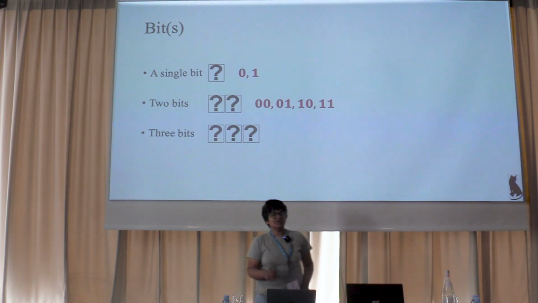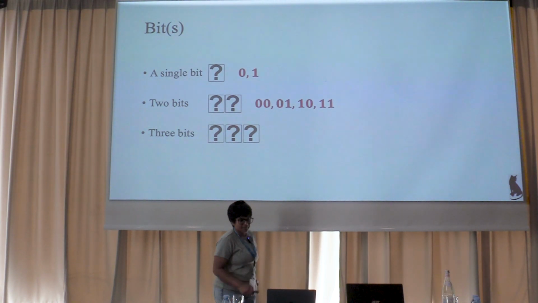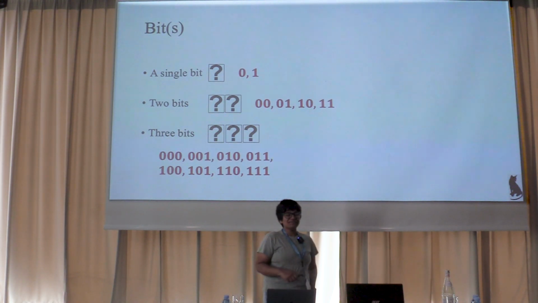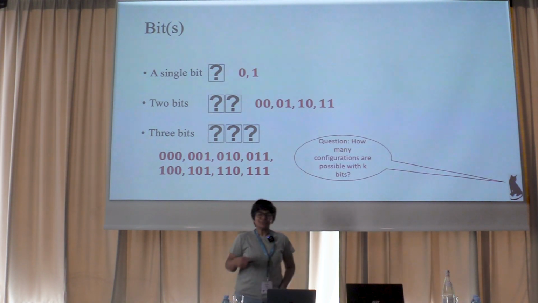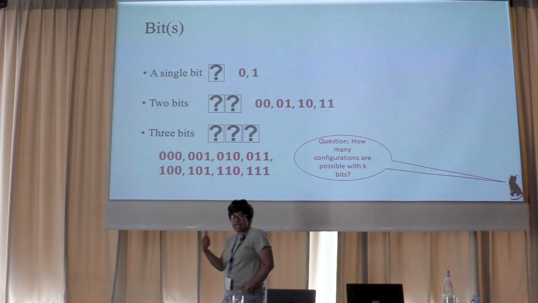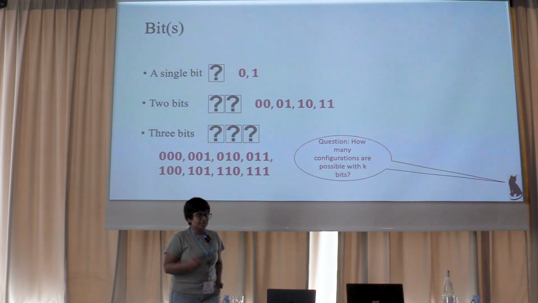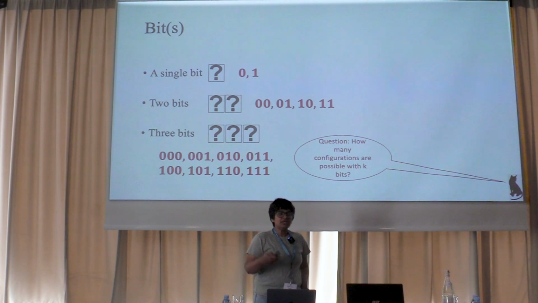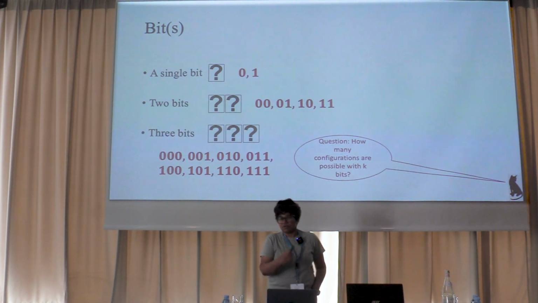It's 00, 01, 10, and 11. What about 3 bits? 8, okay. And what about k bits? 2 to the power k, right? If I have a classical k-bit register, then I can store any of these 2^k values in my register, but not all of them, right?